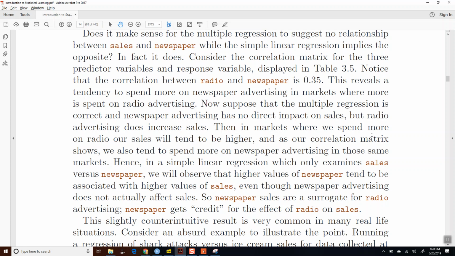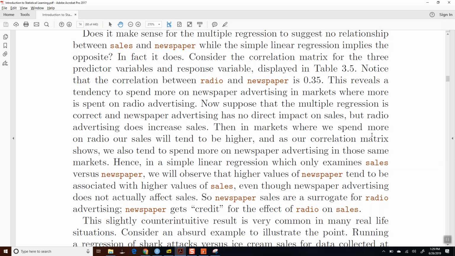So even if newspaper has no effect on the sales, because the radio spending and the newspaper spending kind of go together, if really it's only the radio that's impacting the sales, then in markets where I'm spending more on the radio, I'm going to see increased sales, and that could lead us to believe that newspaper is related to increased sales, because in those markets I also happen to be spending more on the newspaper, right?